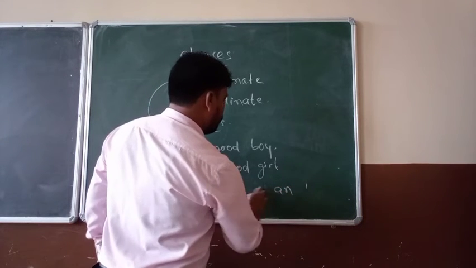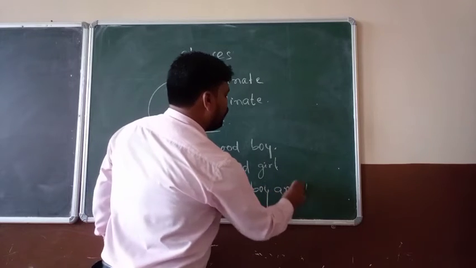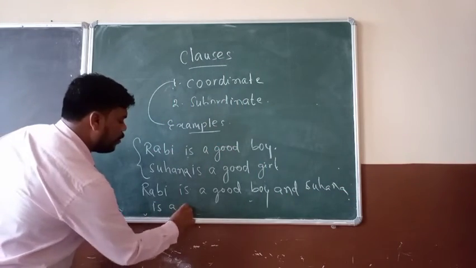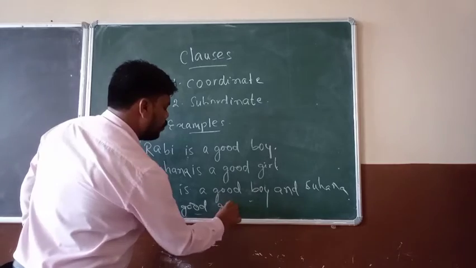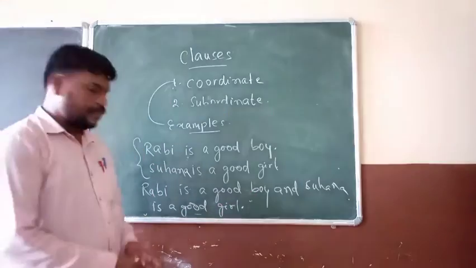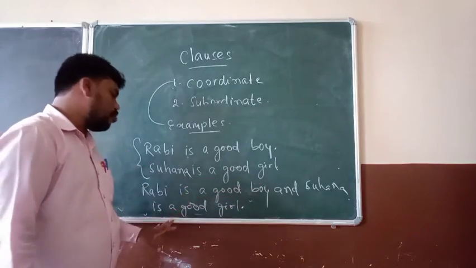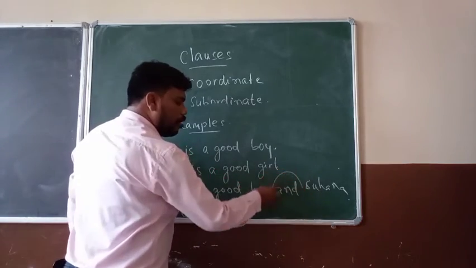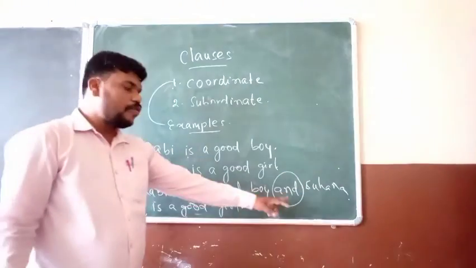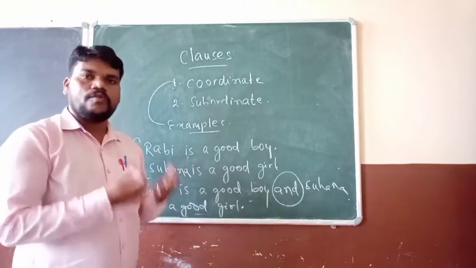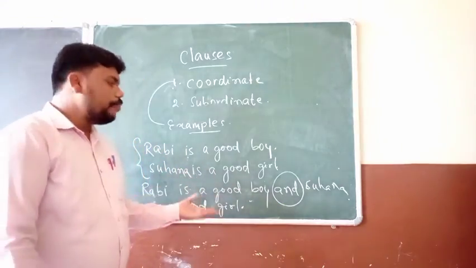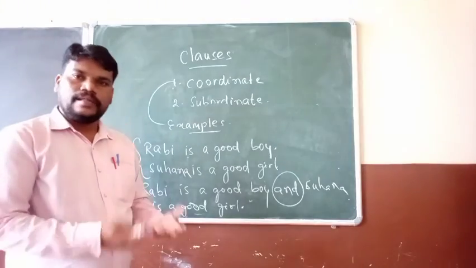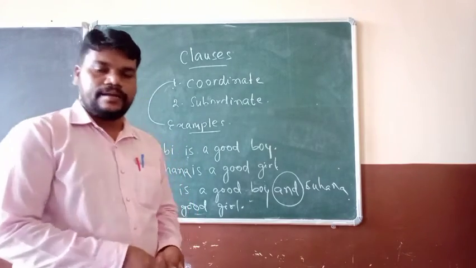Ravi is a good boy and Suhana is a good girl. So these two clauses are joined by the word and. So that is known as the coordinating conjunction. So when you see the coordinating conjunction in your sentence, you will know that that is known as the coordinate clause.